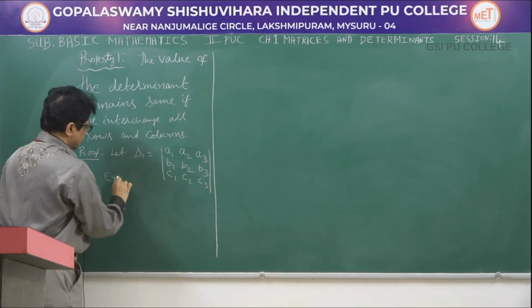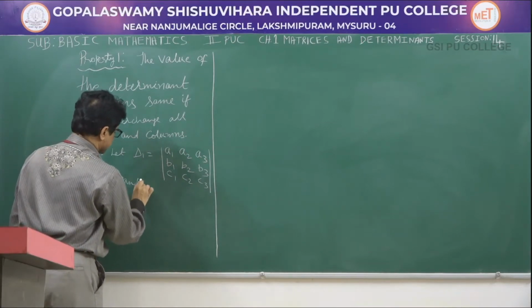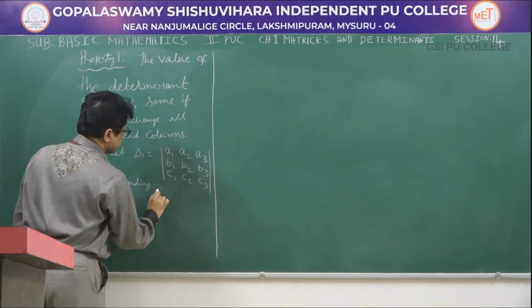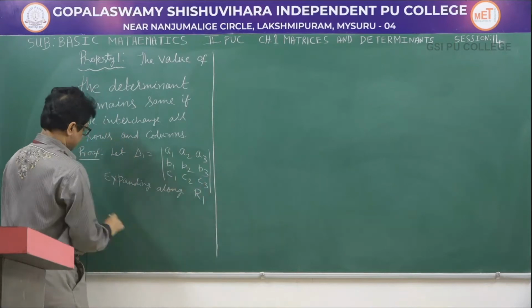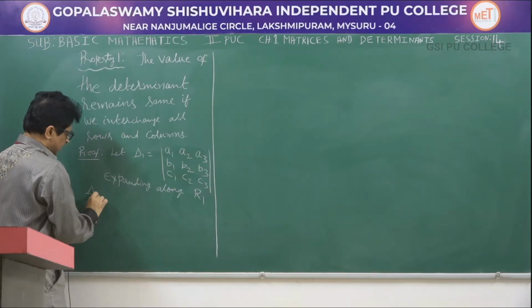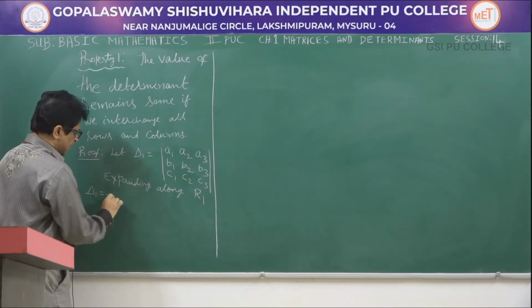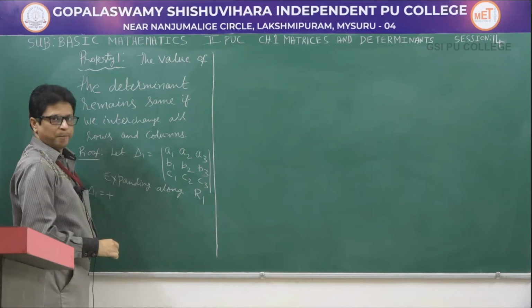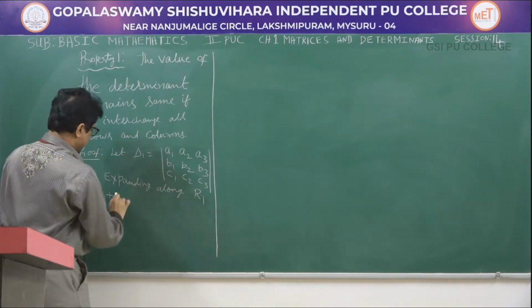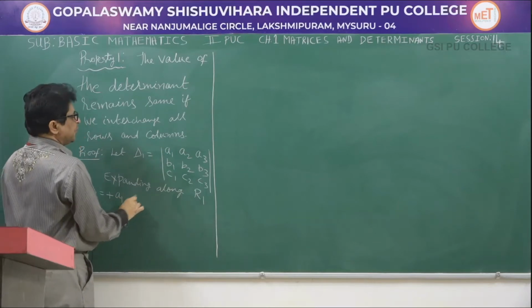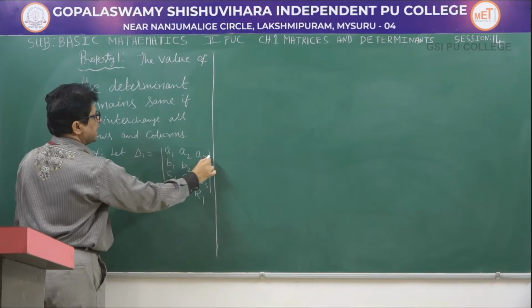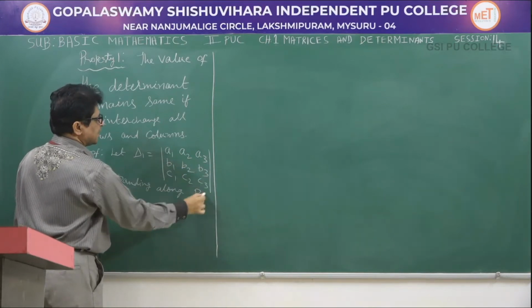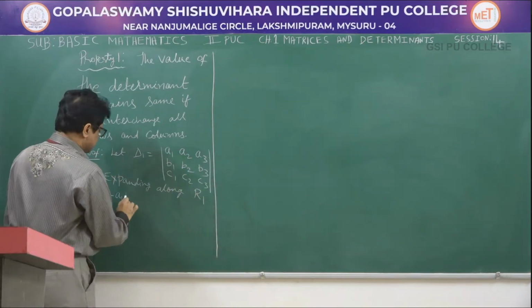So, expanding along R1. So, delta 1 is equal to, first we shall write the sign plus, first element is A1 into, so A1 lies in the first row and first column, we eliminate the first row and first column and take the determinant of the remaining elements.